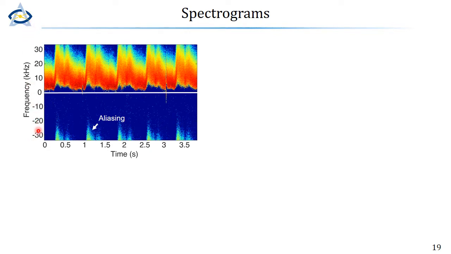Here the sampling frequency of the camera was about 60 to 70 kilohertz, and you need that to sample frequency shift up to 30-35 kilohertz, but above that there is undersampling and aliasing that occurs, and this aliasing is not good for estimating the average frequency shift.